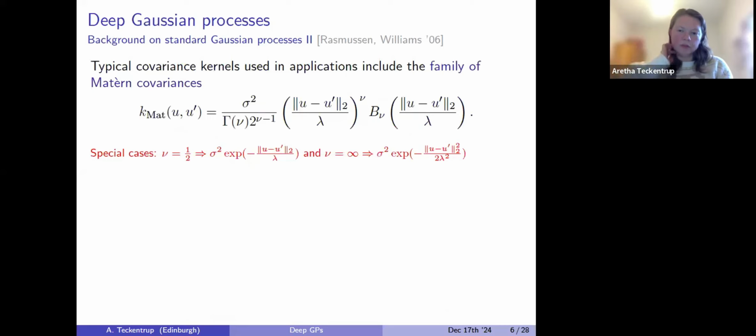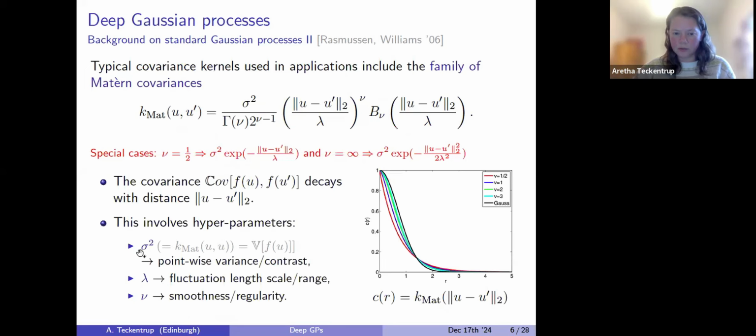So the covariance kernels that are typical examples used in applications are this family of Matern covariances. So they are a parametric family where you have 3 different parameters. So you have the sigma squared, the lambda, and the nu, which enter into this general expression.